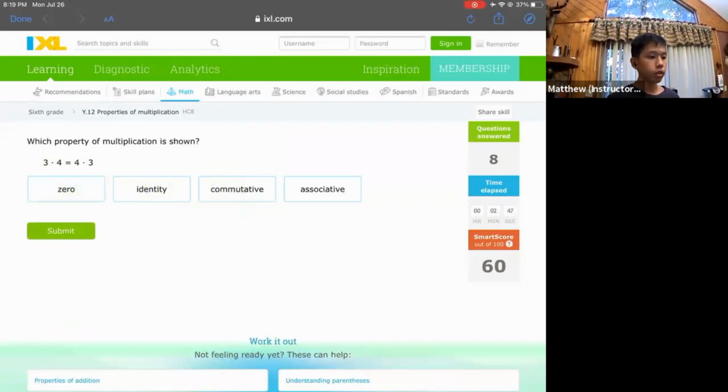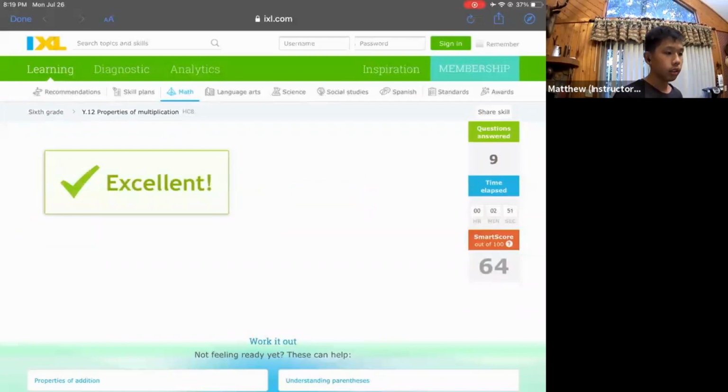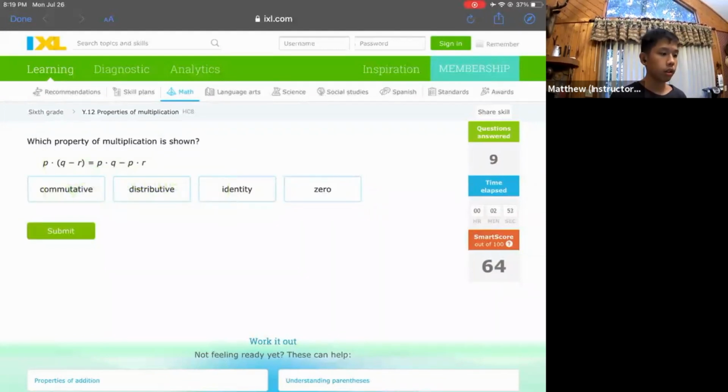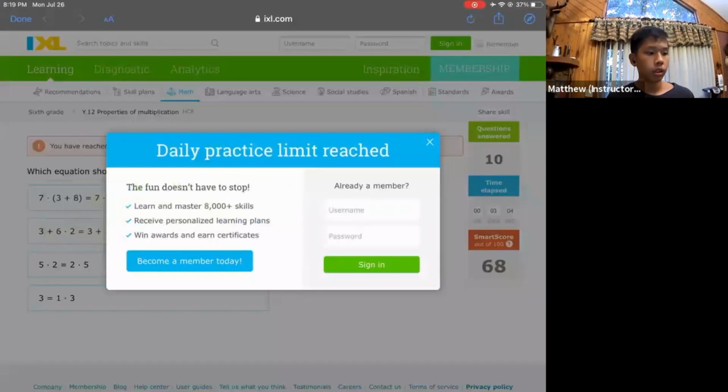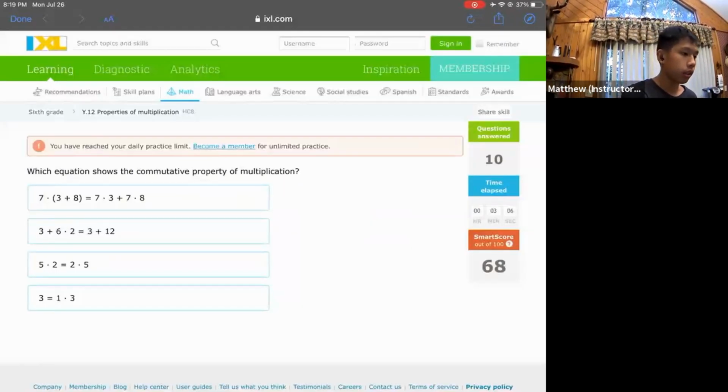Now what about this one? This one is simply flipped, so the commutative property. What about this one? As we know, A times B plus C is equal to A times B plus A times C. As I've already said multiple times today, this one will be distributive.